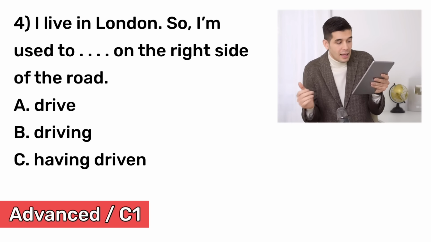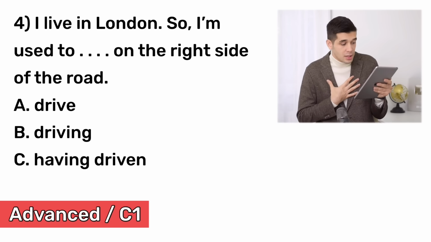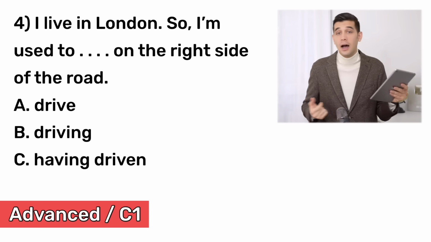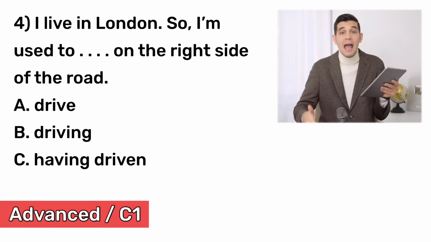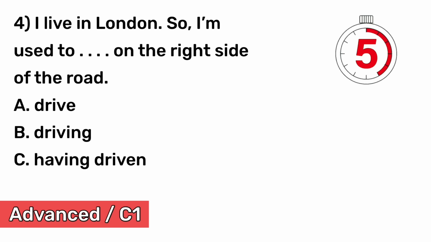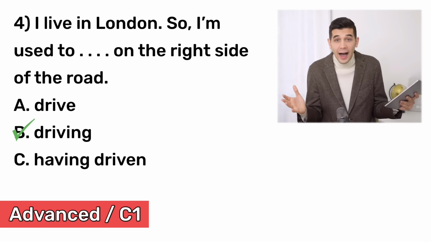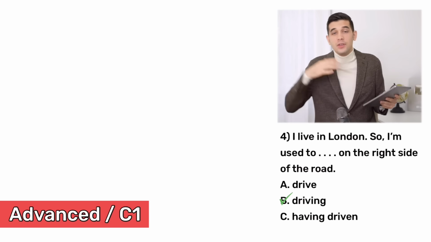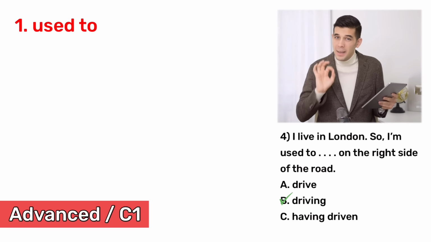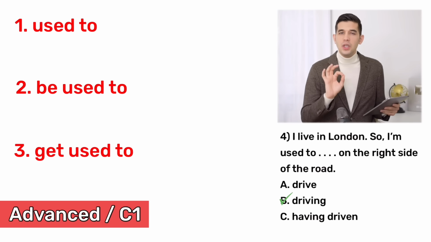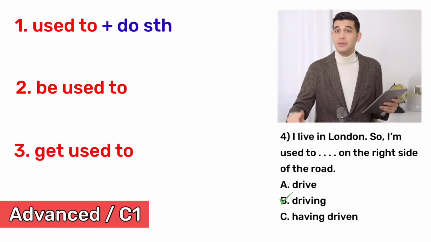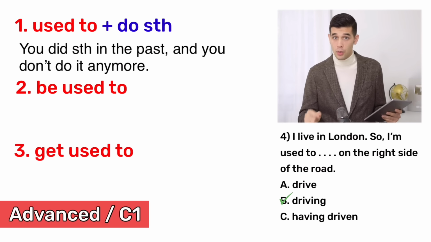I live in London. So I'm used to on the right side of the road. Drive, driving, having driven. Driving. But why? Pay attention. We have used to, we have be used to, and get used to. These are different. If you used to do something, you did it in the past, you're not doing it anymore.